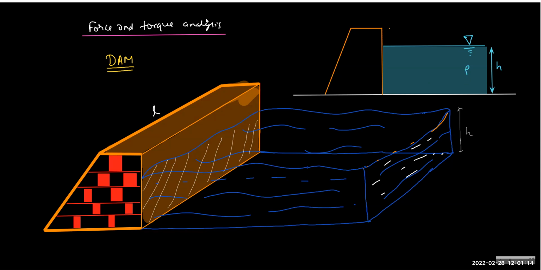So as you go down the dam, what will happen? Pressure will increase or decrease? And will it increase proportional to height or by some other relation? I think it's a proportional relation, right?